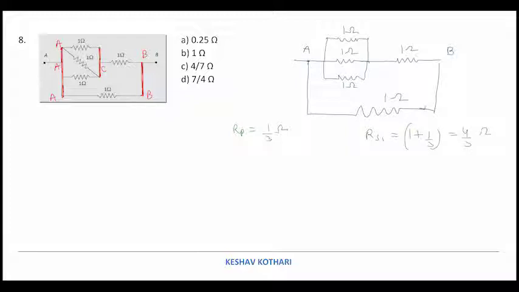So if we write the effective value of resistance, then it is equal to R1 R2 upon R1 plus R2. So we get this as 4 by 3 and 7 by 3. So we get the value equal to 4 by 7 ohm. So for this particular combination, C option is correct, that is 4 by 7. Let us move to the next problem.